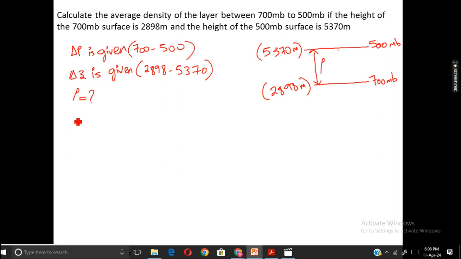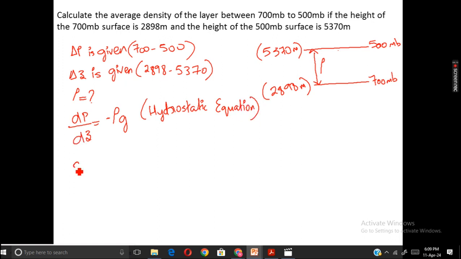So these things are given. We are going to use the hydrostatic equation, which is dp by dz is equal to minus rho g.